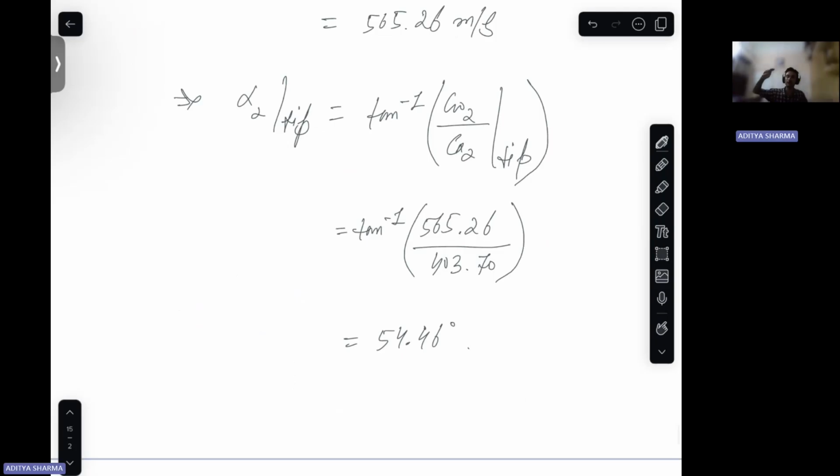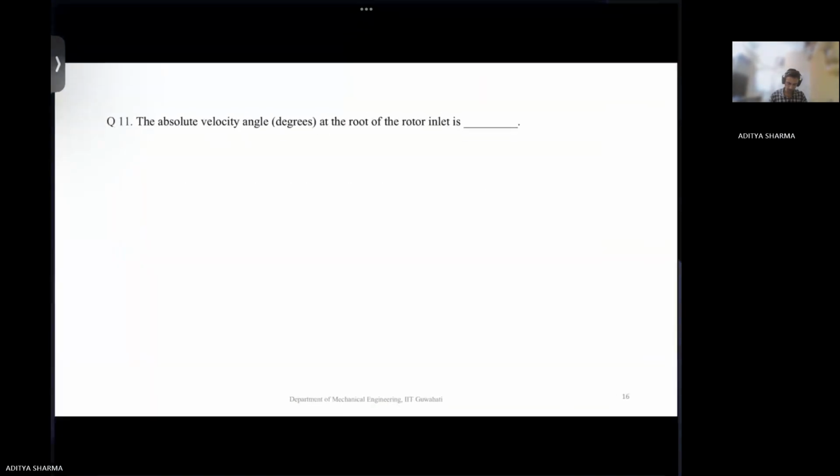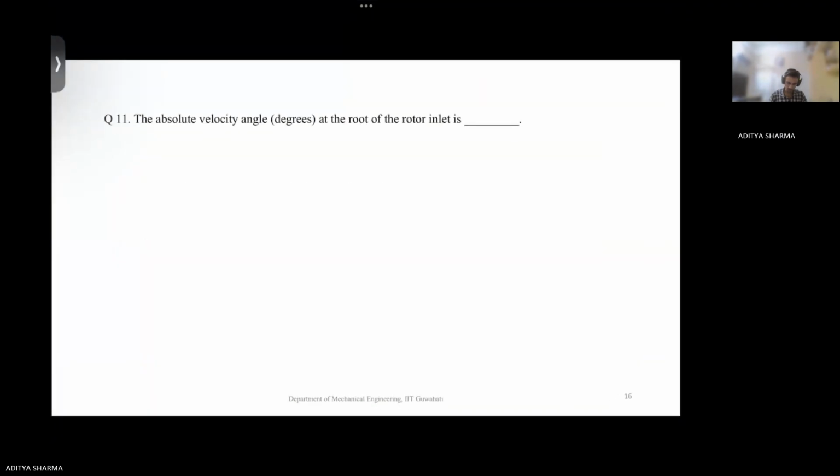Okay, so this is how alpha 2 is changing as per the free vortex condition. At the root it is 57.59 degrees.